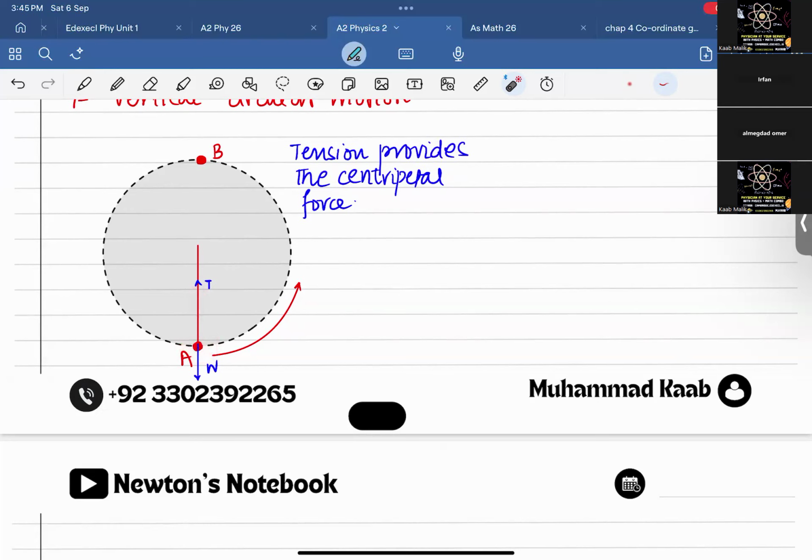Now if we try to write Newton's second law, we should write tension minus W is equal to the resultant force, or let's say MA, or mv square over r instead of writing MA. Since mv square over r is the original formula, and m r omega square is not the original formula, that's why I'll be using this formula every time, and then if I want omega, I will substitute that.